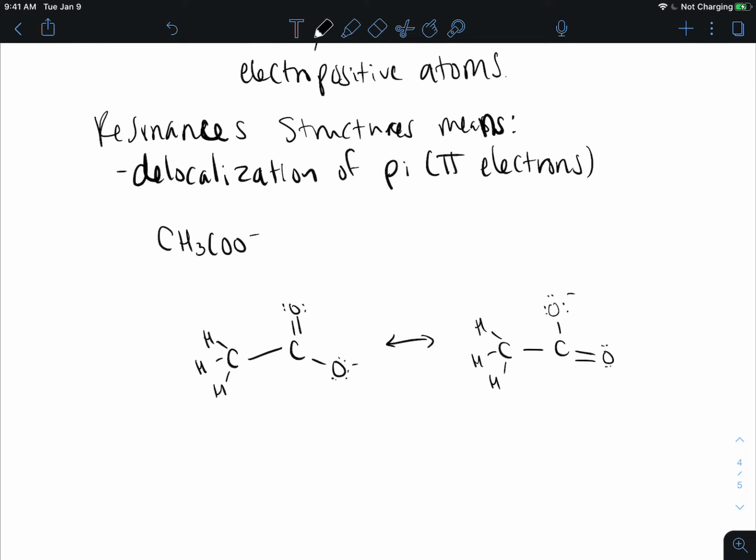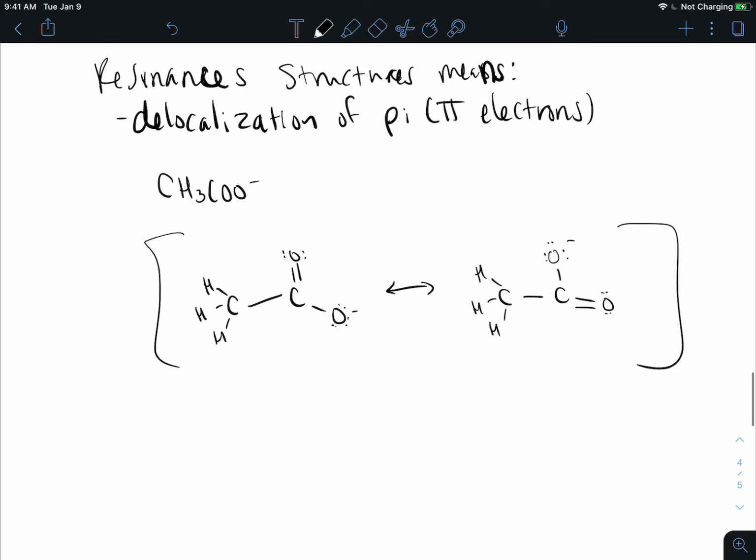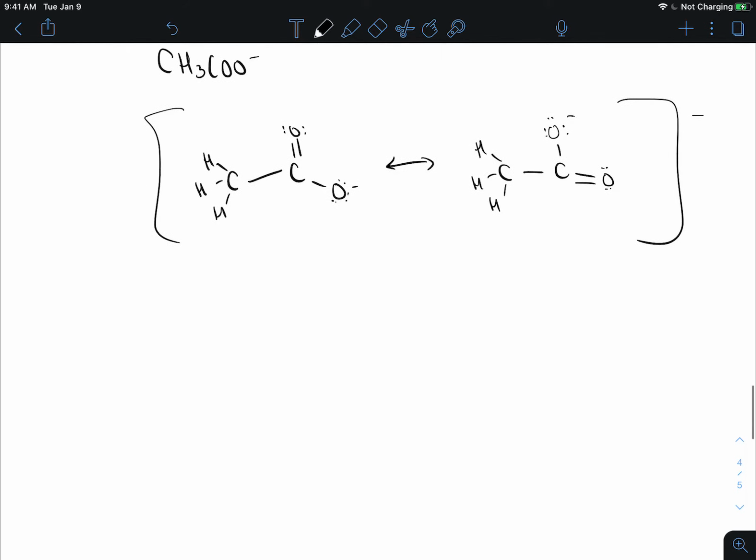And these would be our two resonance structures, or our resonance hybrid, where we take the delocalized electron, like so, and we put a negative charge in there.